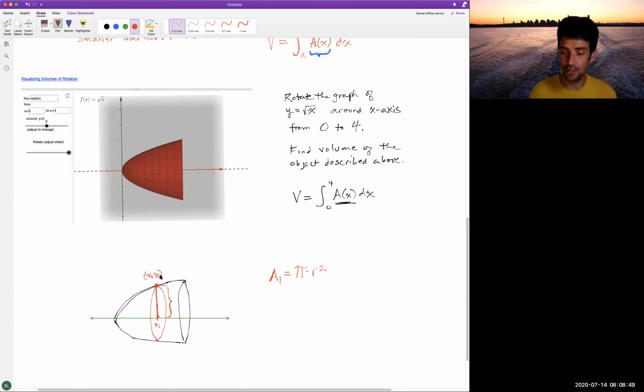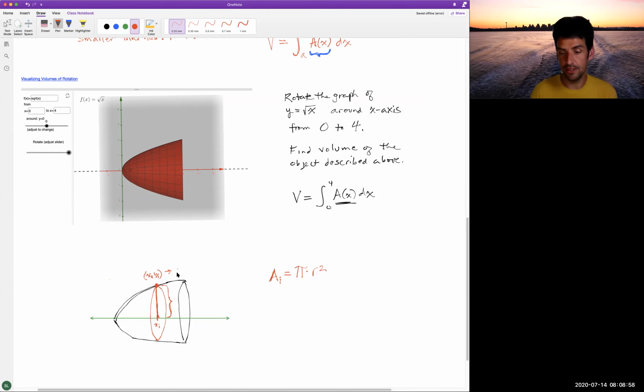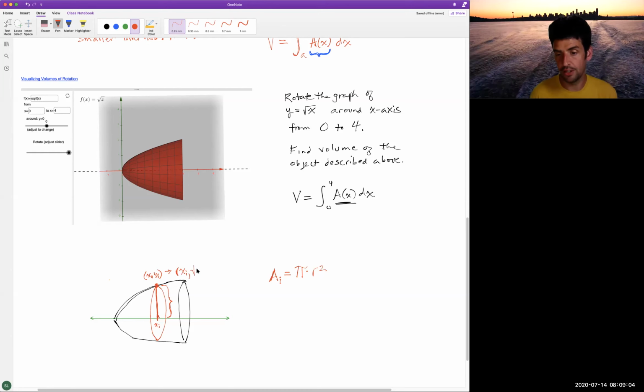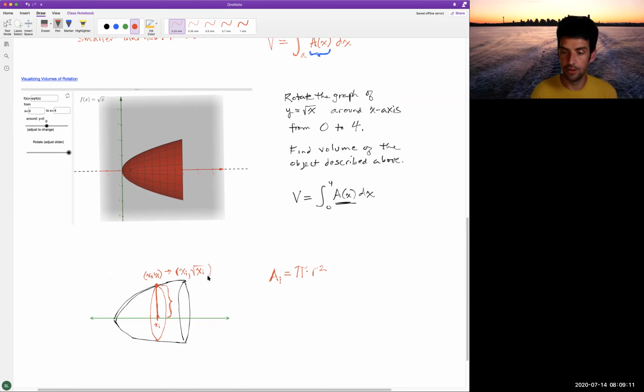The y value is the height. So the y coordinate at each point is the height. But what we know is that because this is the function square root of x, the y value is just the square root of whatever the x value is.